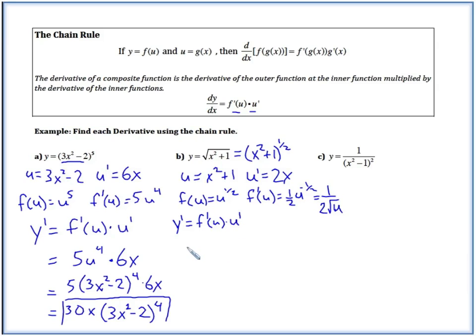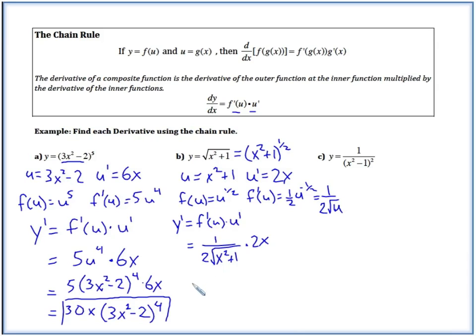And we're going to go ahead and substitute in. So f prime of u is 1 over 2 square roots of u. And right here we can substitute u back in right away. So we're just going to substitute our u, x squared plus 1, right back in there. And then times u prime, which was 2x.